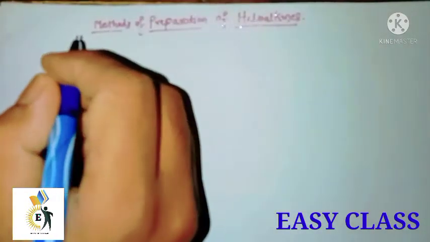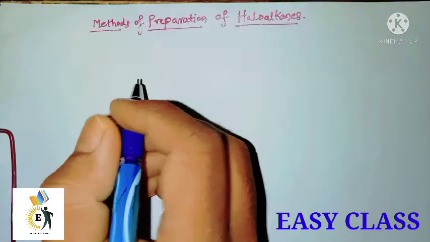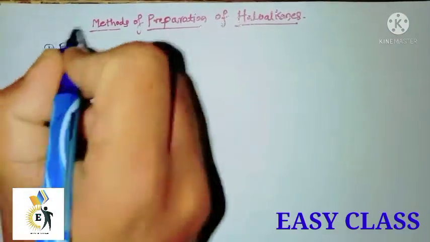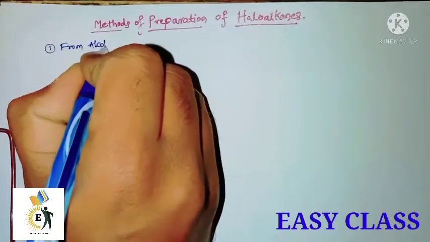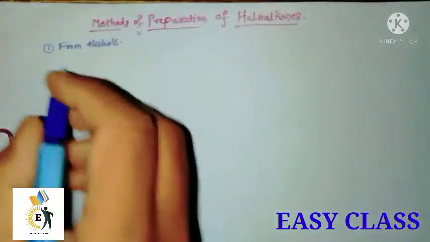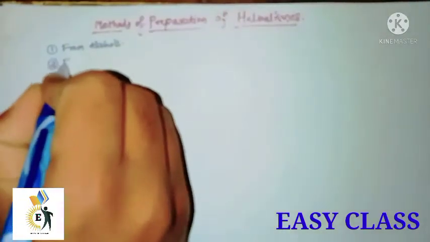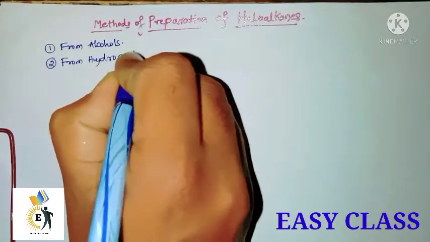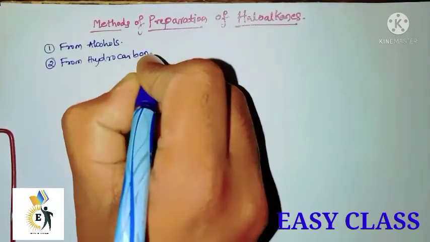There are three methods from which we can get the haloalkanes. The first method is from alcohols. From alcohols, we will get the haloalkanes. The second is from hydrocarbons. From hydrocarbons, we will get the haloalkanes.